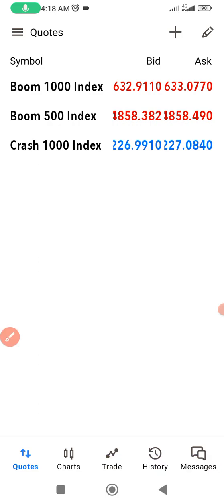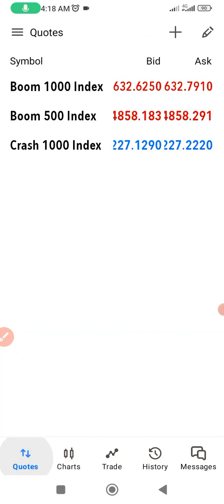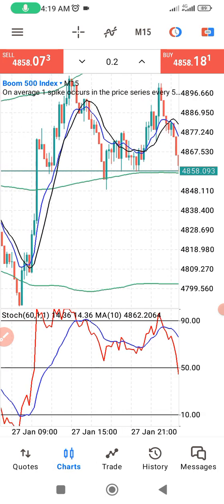Remember, it is not the number of assets that you trade that matters, but the number of successful trades, successful entries that you make. That is what counts.